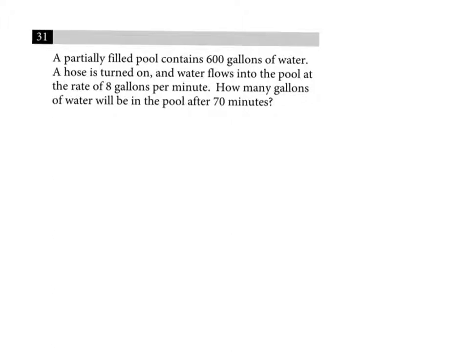For problem 31, a partially filled pool contains 600 gallons of water. So you're starting off with 600 gallons. And a hose is turned on and water flows into the pool at a rate of 8 gallons per minute. How many gallons of water will be in the pool after 70 minutes?